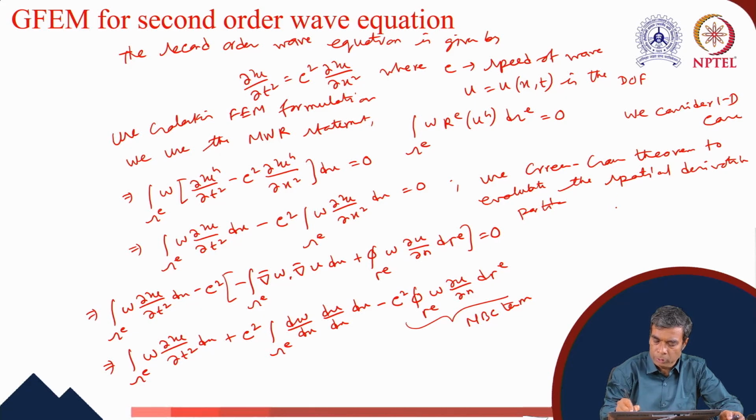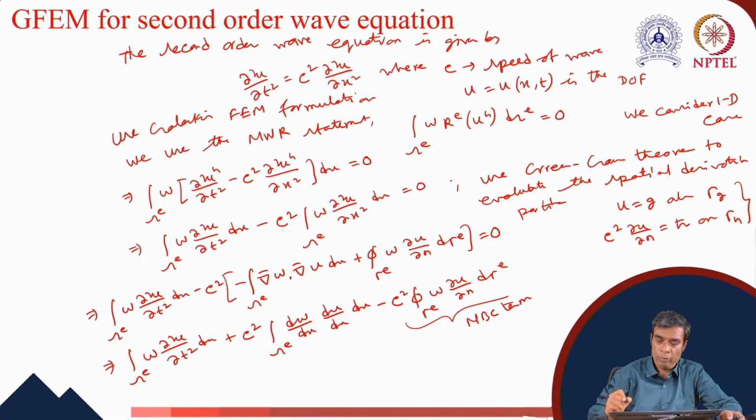So we use u equals g along Γg and c² ∂u/∂n equals h bar on Γh. So these are our boundary conditions associated with the weak form. The term c² ∂u/∂n, or c² du/dn, represents our secondary variable.